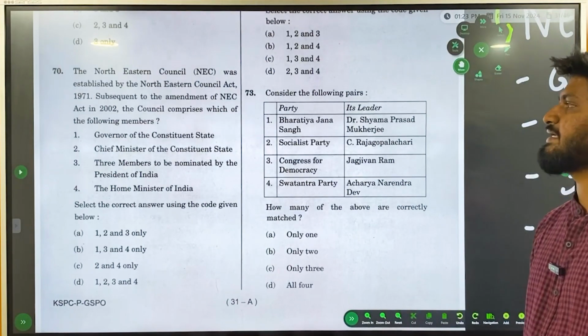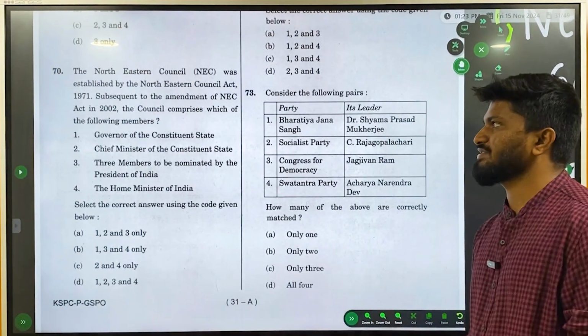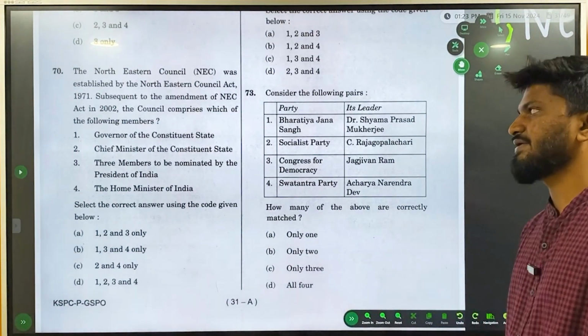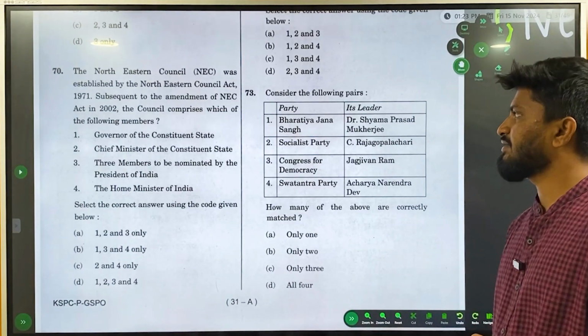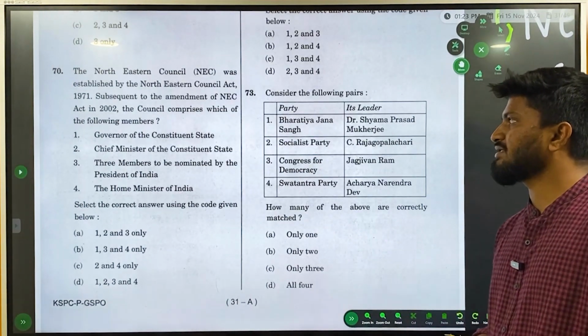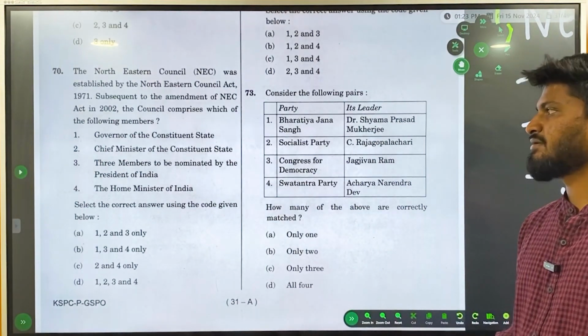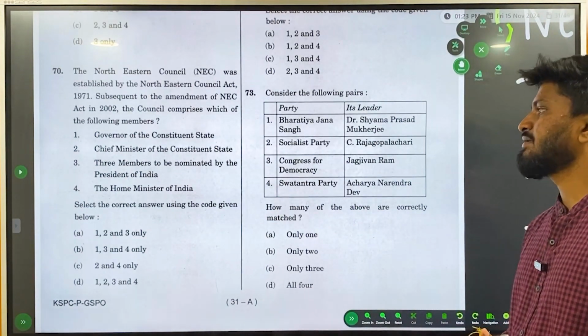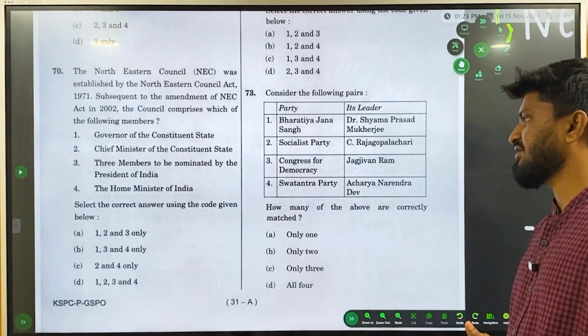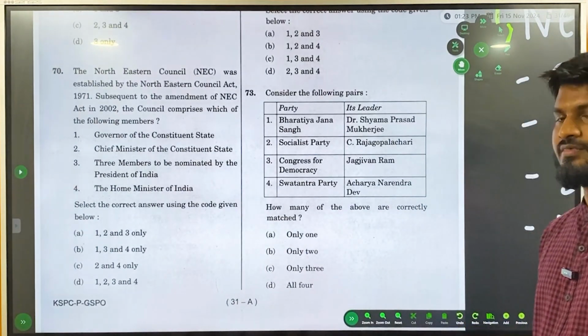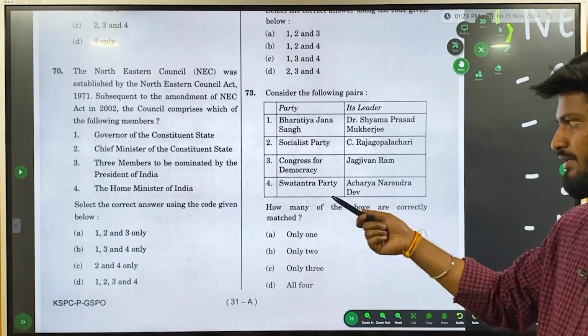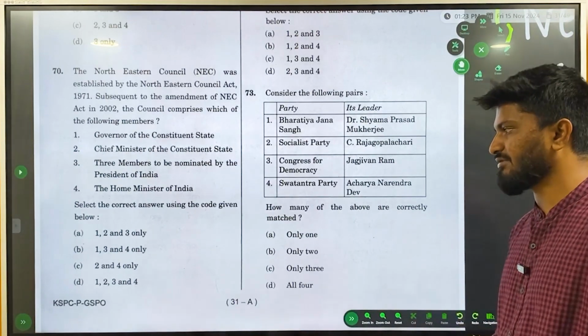Question number 70: Northeastern Council was established by the Northeastern Council Act 1971. Subsequent to the amendment of the NEC Act 2002, the Council comprises which of the following members? 1. Governor of the constituent state. 2. Chief Minister of the constituent state. 3. Members nominated by the President of India. 4. The Home Minister of India. You have to choose the option: 1 2 3 only, or 3 4 only.